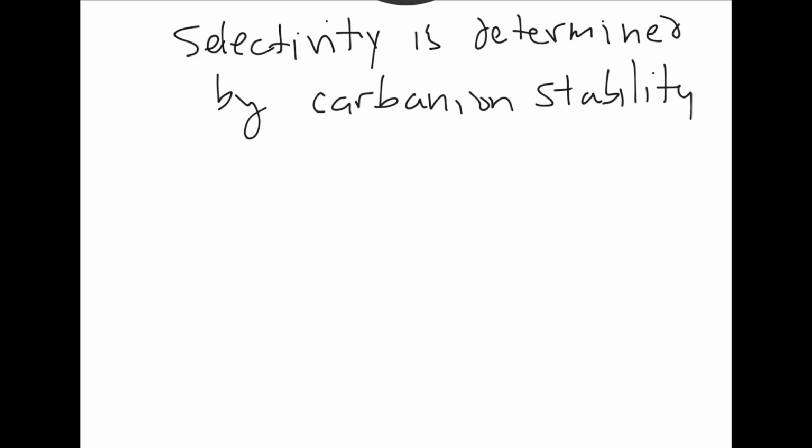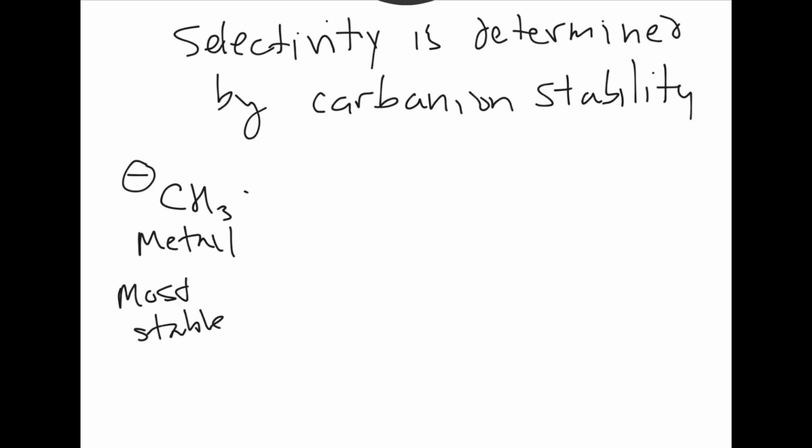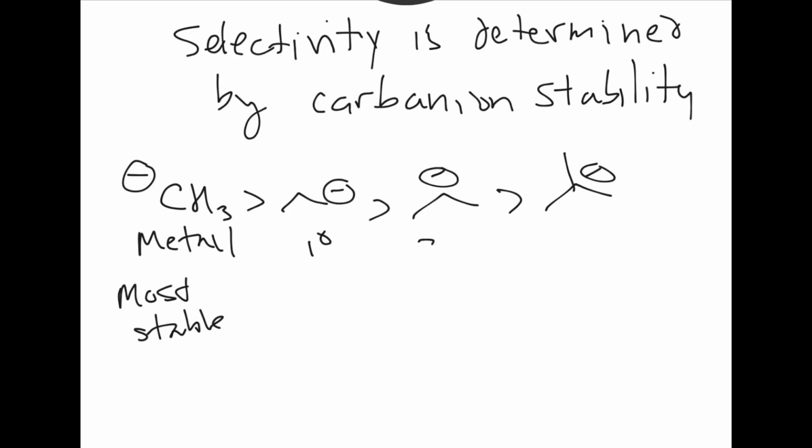Carbocations are short electrons. Carbanions have too many electrons. So it makes sense that their stability should be flipped. Methyl carbanions are most stable. Then you have primary, secondary, and tertiary.